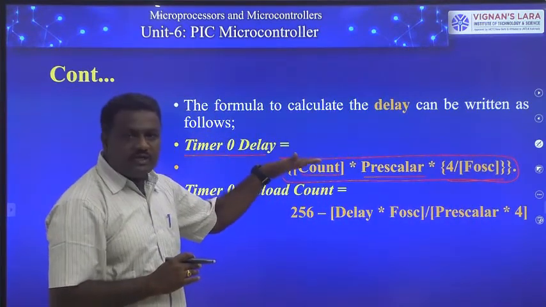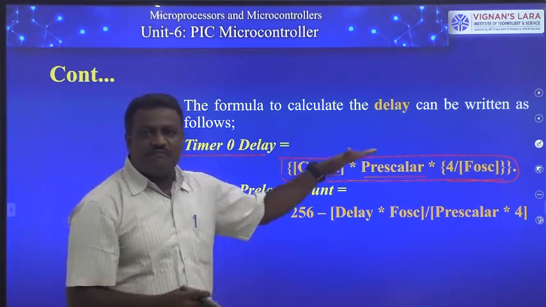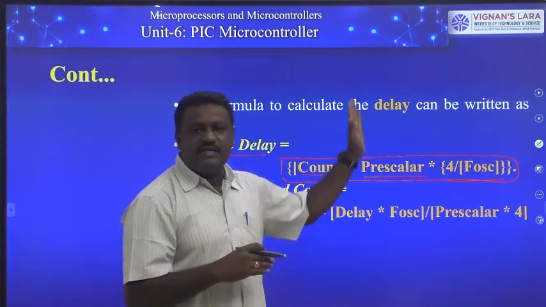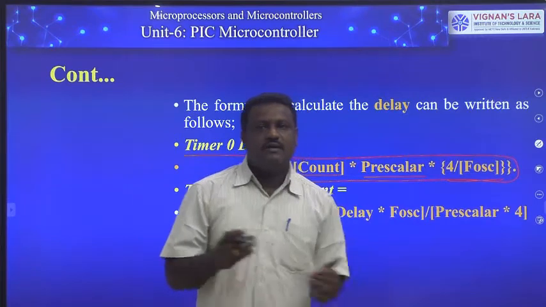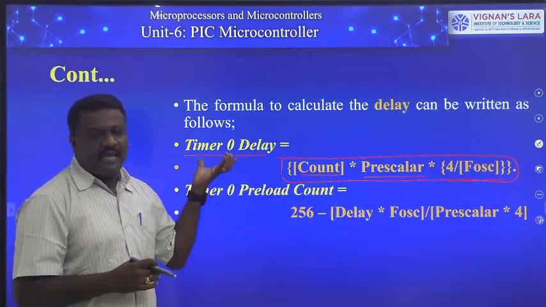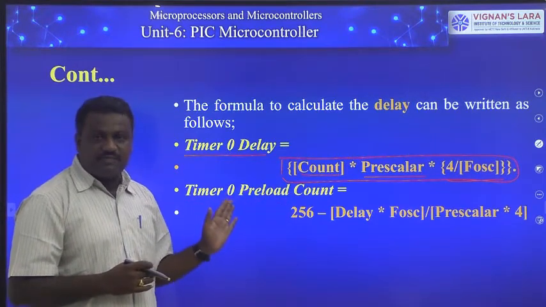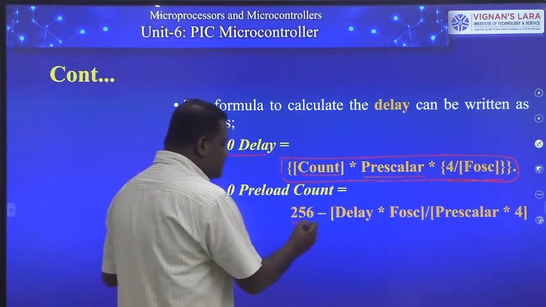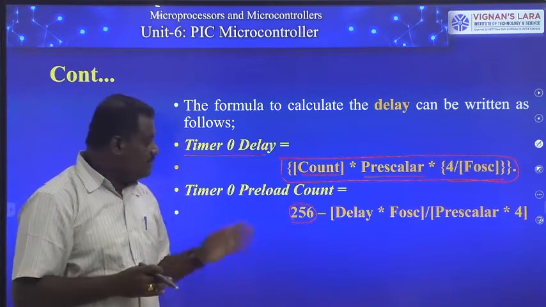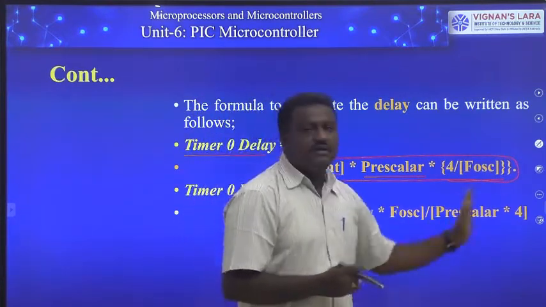By using this simple relation, I can calculate my time delay. I know the count value present in Timer 0 or the Watchdog timer, and the prescaling value. Both are multiplied, and the result is multiplied by 4 and divided by Fosc. That produces the time delay. Similarly, the Timer 0 preload count is calculated as 256, the maximum count we can store in our timer, minus the time delay into Fosc by prescaler into 4.